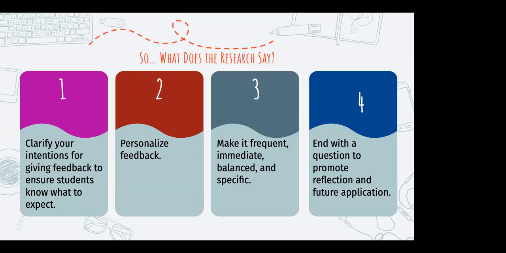Also make it personal, but make it frequent, so that your students know when they turn something in to you, they're going to get some kind of personal feedback. And the last thing here is my favorite: ending your feedback with a question promotes learning. So instead of saying, you should have written this sentence this way and correcting it for them, give them a question: okay, this sentence is incorrect, how might you punctuate it correctly?